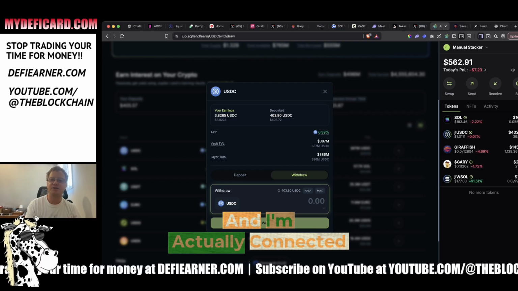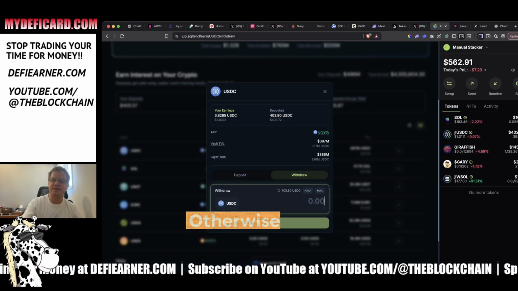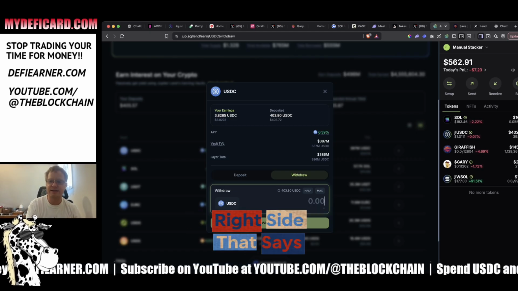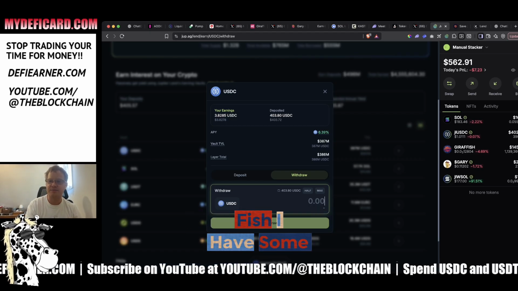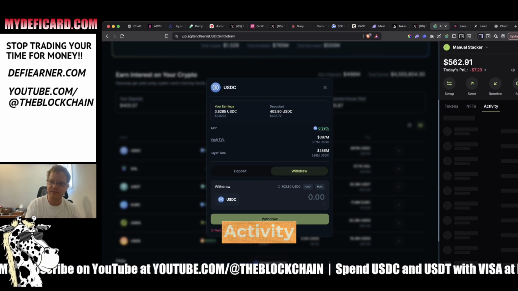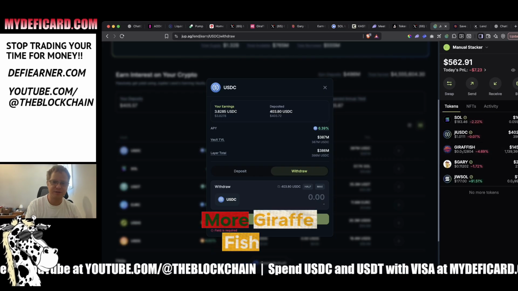I'm connected to my Jupiter wallet, which means I get to auto confirm it. Otherwise, stuff would pop up on the side. Now you see there's nothing on the right side. I have some open orders that it's not showing right here. There's activity. I have an order in to buy some more draftfish.